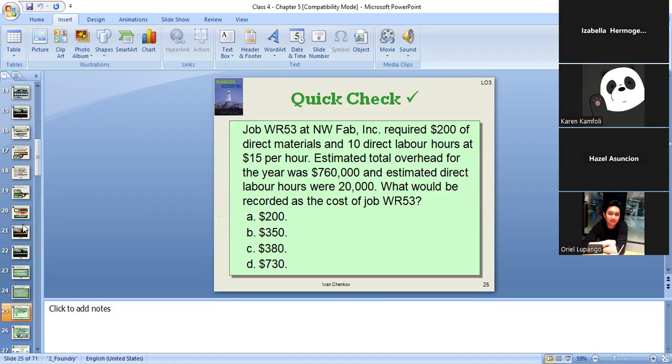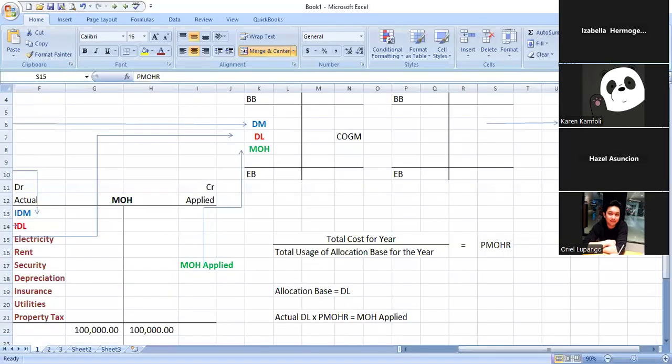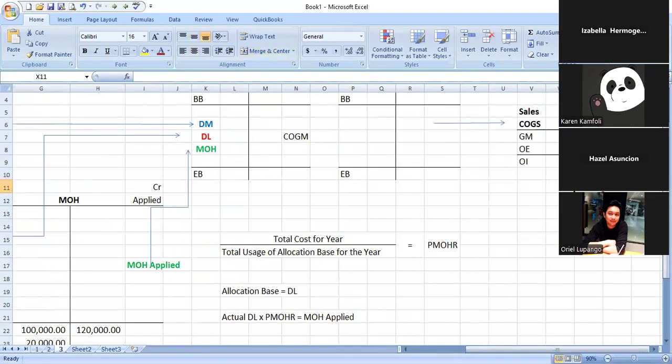What will be the recorded cost for this job? So what we can do is copy this one, and since we have our Excel spreadsheet, we can easily move to that Excel spreadsheet and make use of it. Once you have something, try to use it, because if you don't use it, it's just a waste of time.